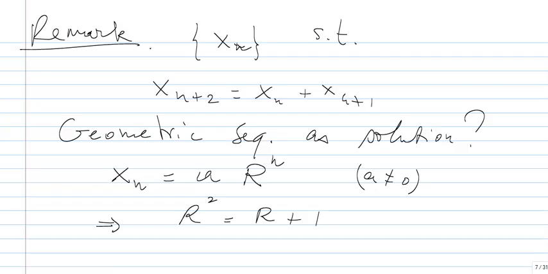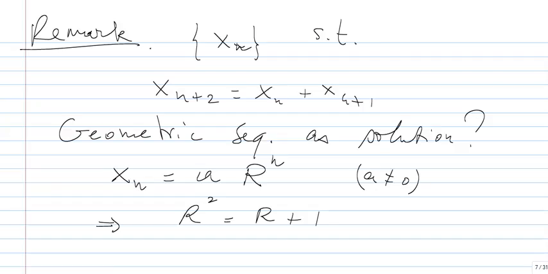But there is a lot more to be said about this sequence. For example, when n is large, you can ignore the 1 minus square root of 5 over 2, and the number 1 plus square root of 5 over 2 takes over. It's really beautiful.